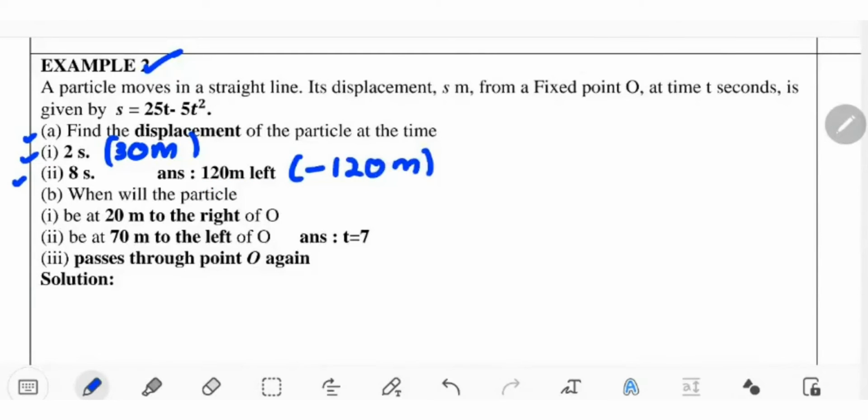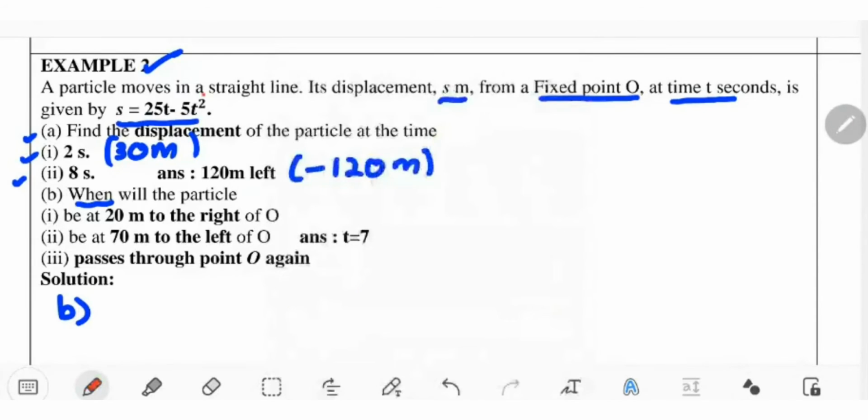Boleh? Okay, B. Let's do it together. Okay, sebelum tu kita baca soalan. Particle move in a straight line. Its displacement S meter from a fixed point O at time t second is given by this function.